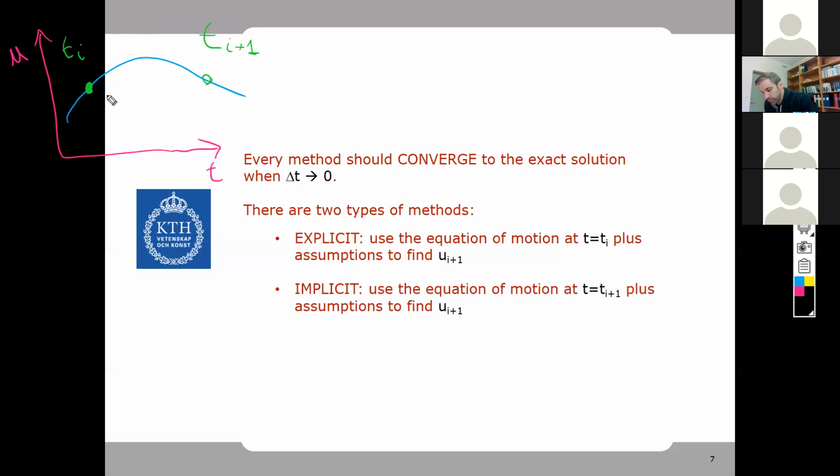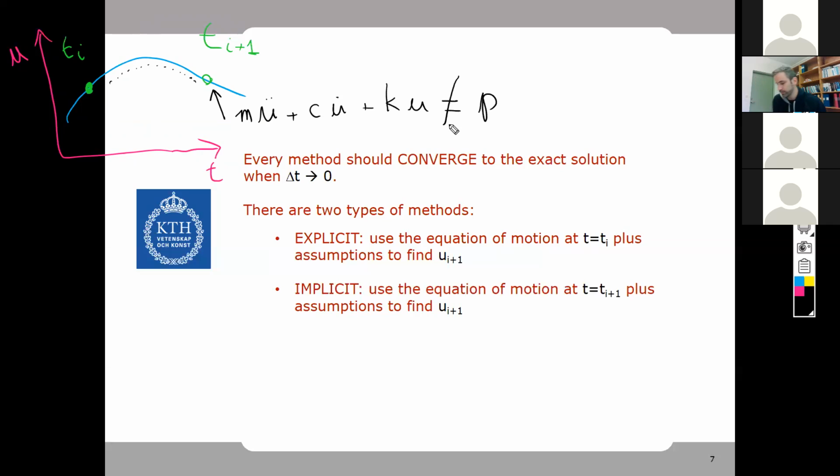The equation of motion will be true at the original point, and we're going to use some assumptions for the intervening time, and we're going to land at some point here. But the equation of motion here will most likely not be true: the mass times the acceleration plus the damping coefficient times the speed plus the stiffness times the displacement.